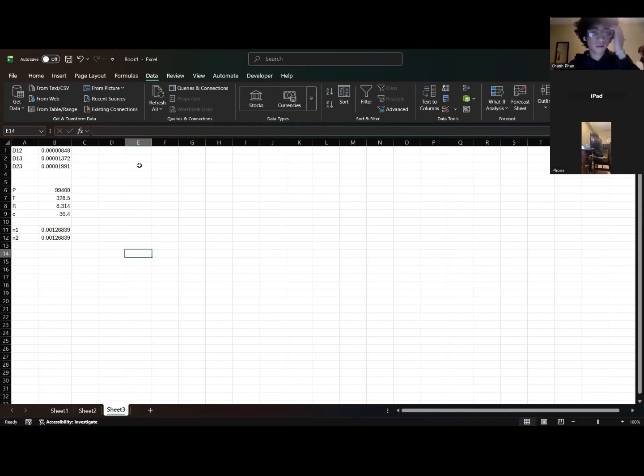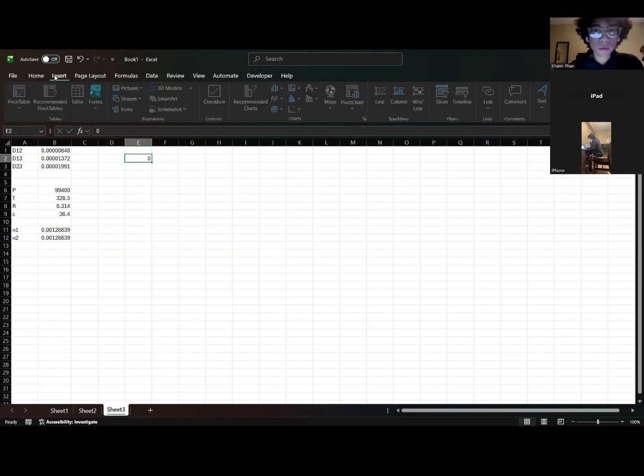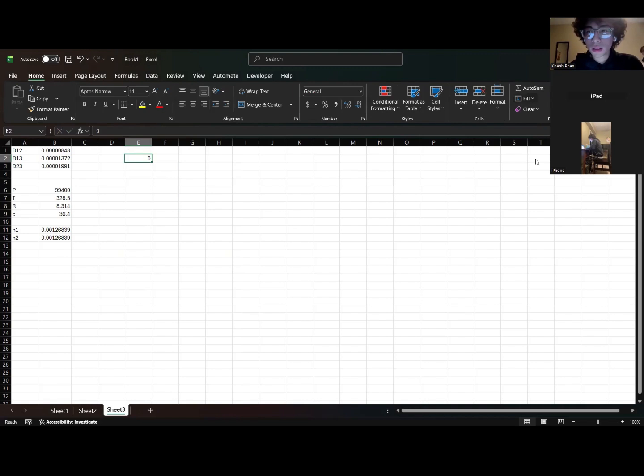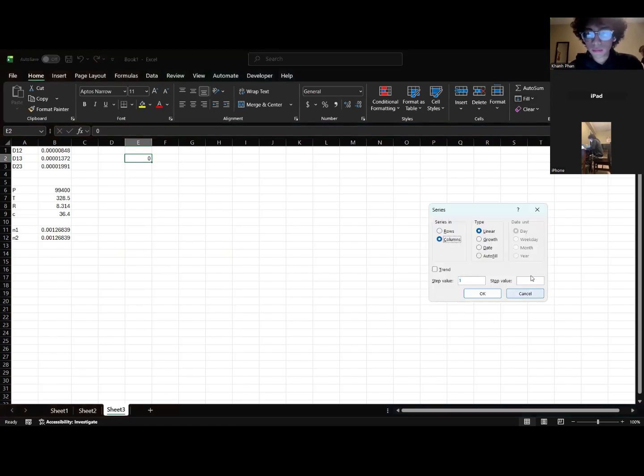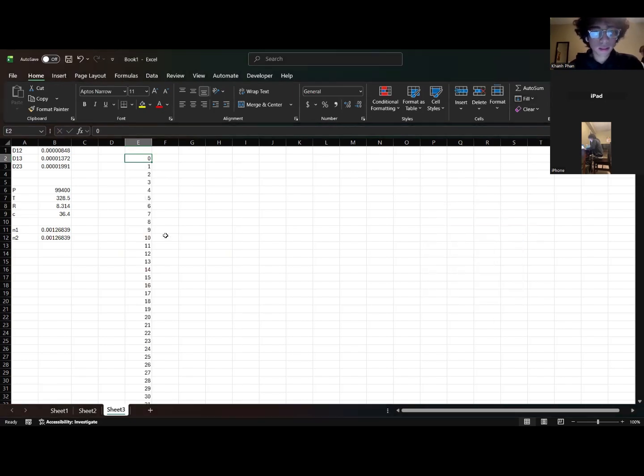Okay, so let's do a series here first. We would have a series column starting with value 1, up to 1,000, and then this is Z. Max Z is 0.24 meter.